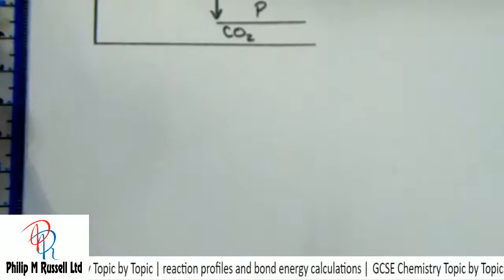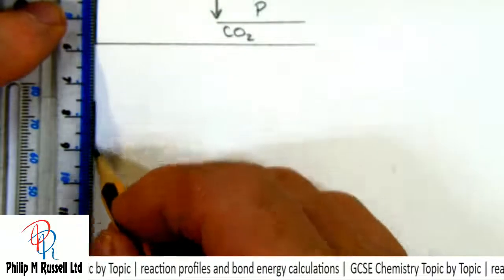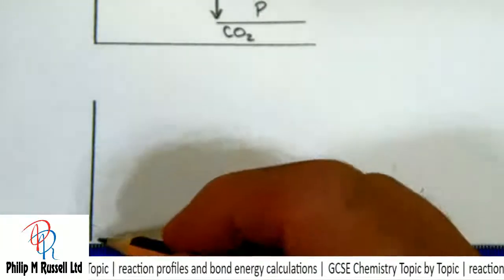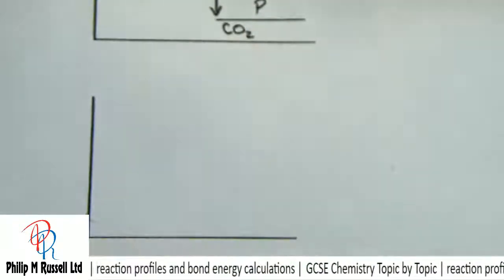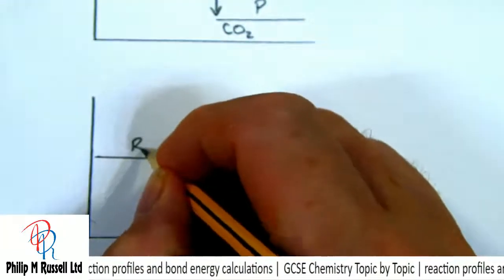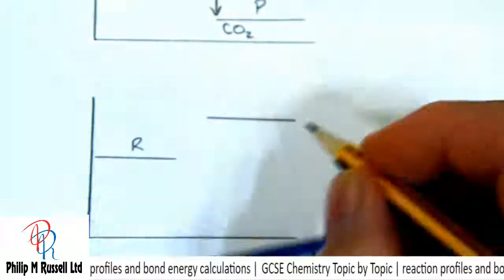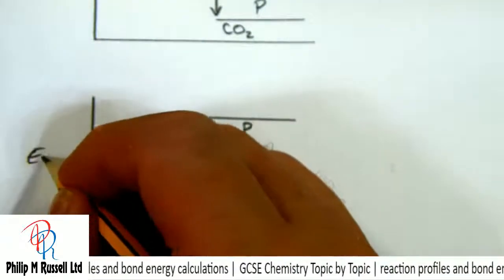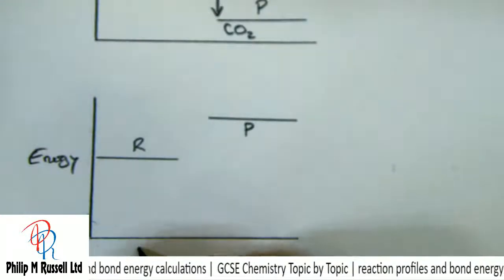Also, we could look at another reaction. And we'll do it again. We'll put in our reactants, and because it's an endothermic reaction, we've got our products up here. Again, this is energy, and this is the progress of the reaction.